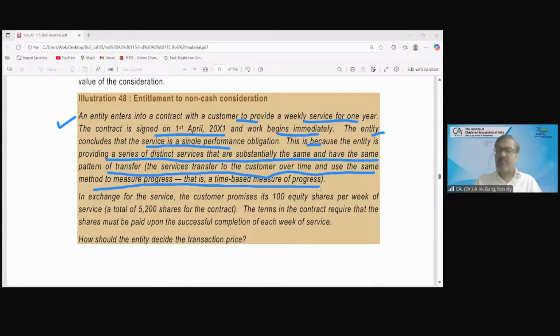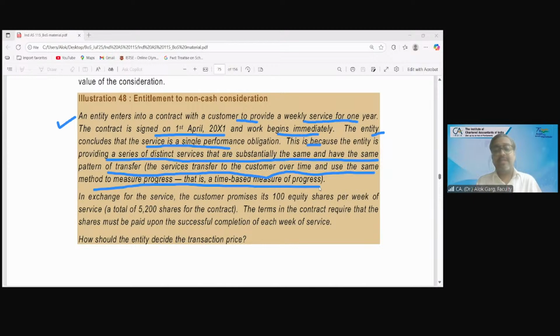On a monthly basis. So there is a mechanism. He invoices you on a monthly basis. Is the maid charging you money every day or on a monthly basis? On a monthly basis, but she is giving you service every day.